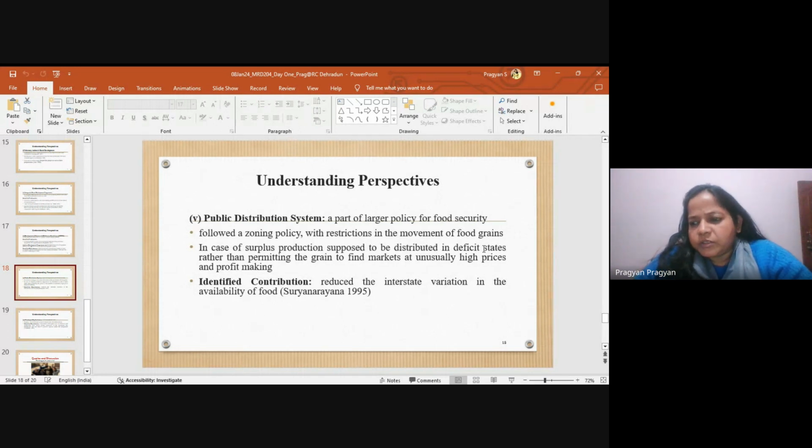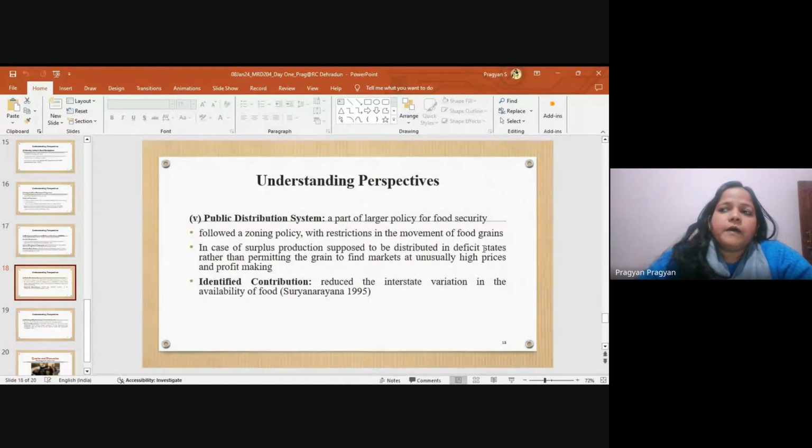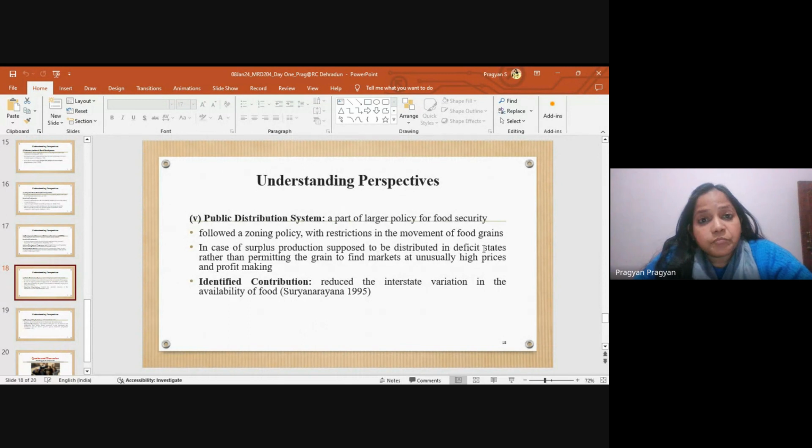And you will be very surprised to know that for the past 10 years, I was listening to and observing so much critique about this public distribution system, that the Indian government is basically making a huge investment in this program. But all those tongues were silenced completely when the pandemic occurred during COVID-19.